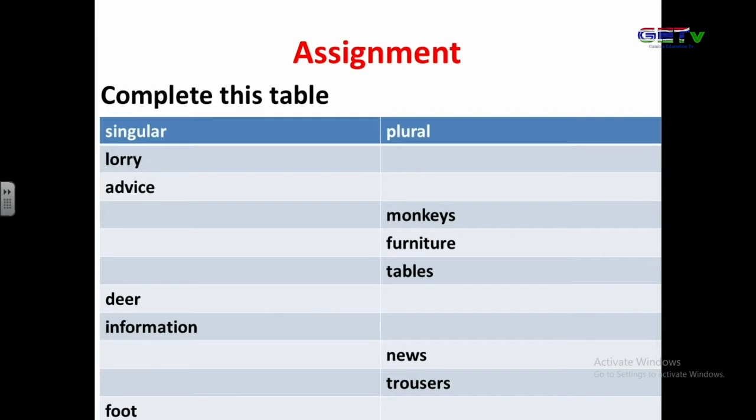These two words are in singular forms. Give their plural forms. So we have words like news, trousers. These two words are in their plural forms. So you are asked to give their singular forms. You have a word like foot. So it's in singular form. Give its plural form.